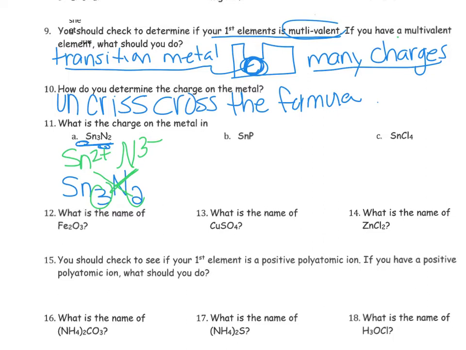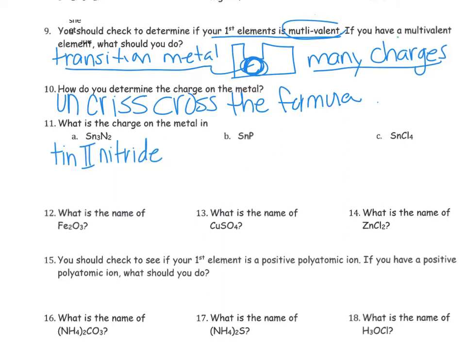So I had to uncrisscross the chemical formula to get the charges. Okay, and that lets me know that this was tin with a positive 2 charge. So I have tin 2 nitride.